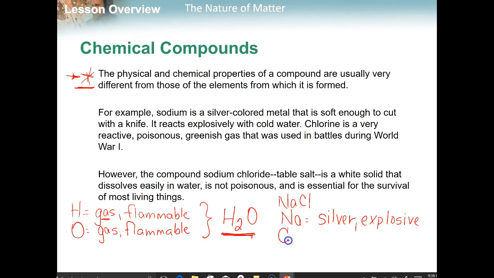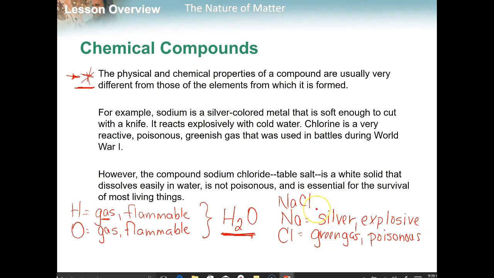Chlorine is a greenish gas. Is that a chemical or physical property? You're right if you said physical. And it's poisonous. Would that be a chemical or physical property? Hopefully you said chemical.